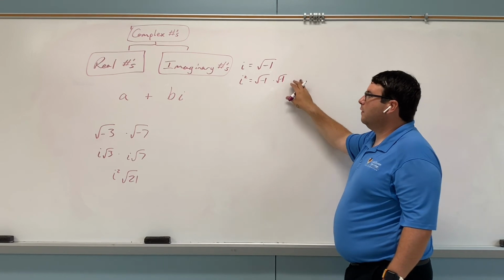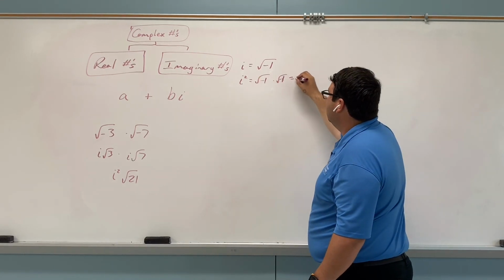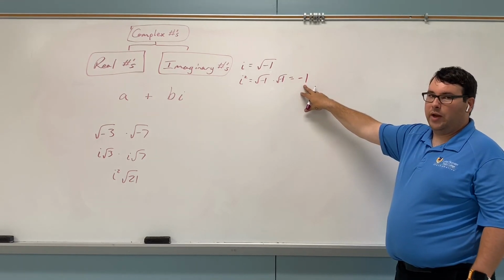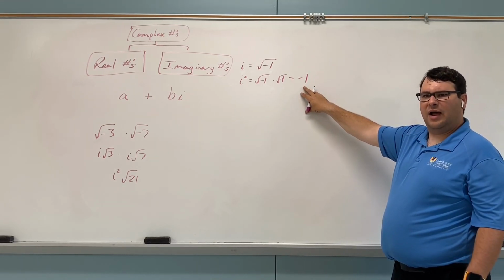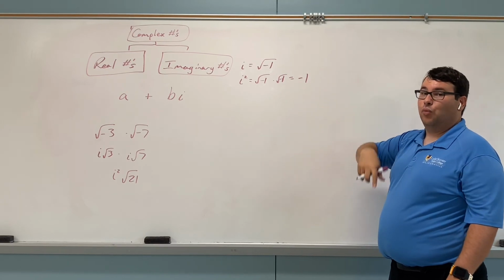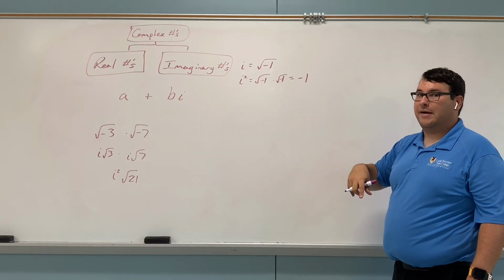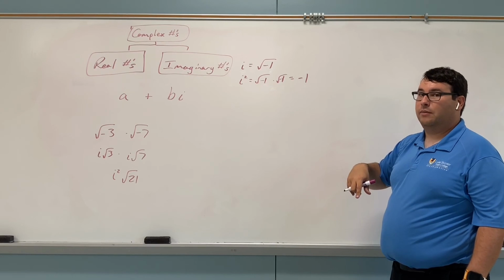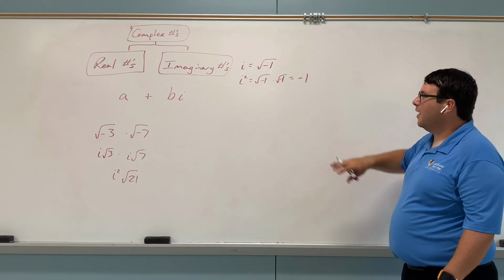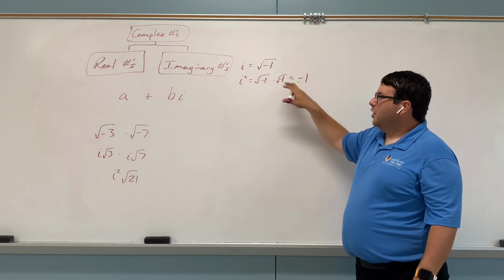And so this actually converts it to a real number of negative 1. Huh. So you can go from imaginary to real. Yeah, it just got real. Yeah, I know, really corny. But that's okay, because you went from imaginary to real.